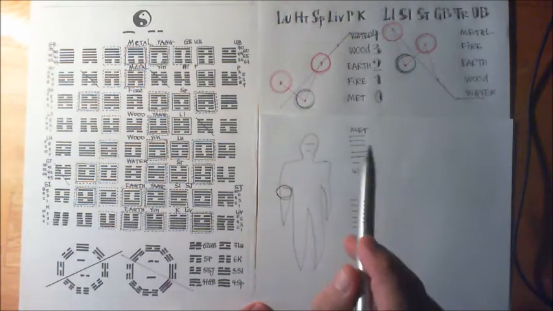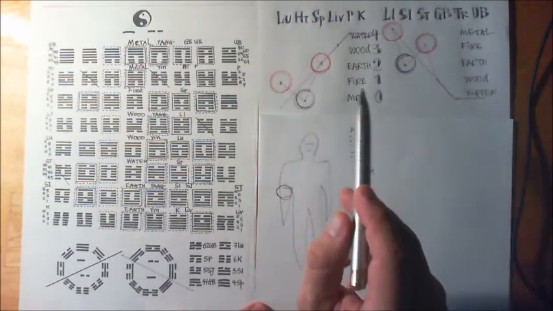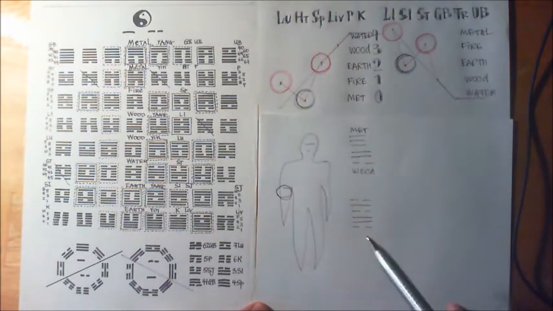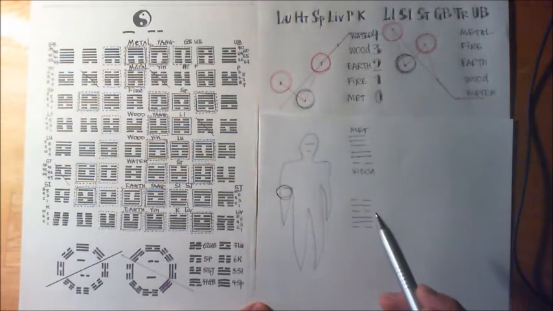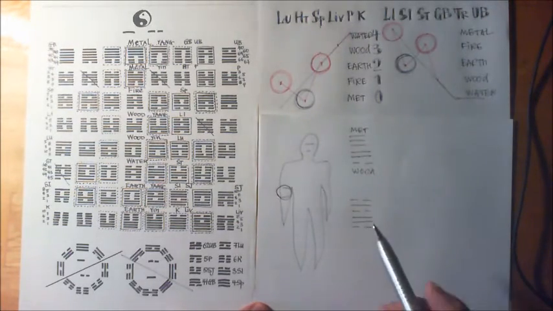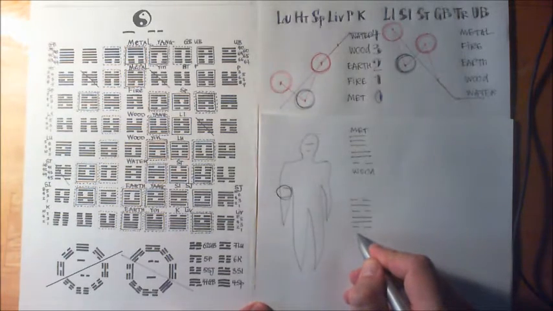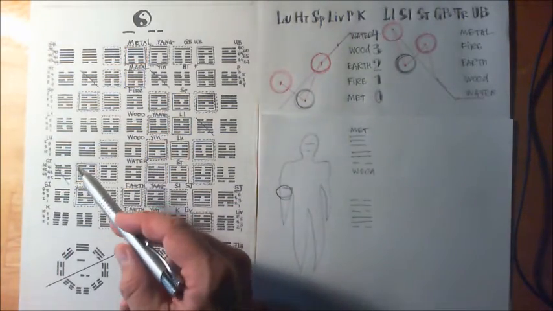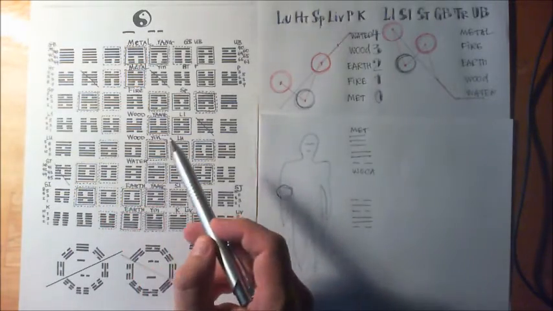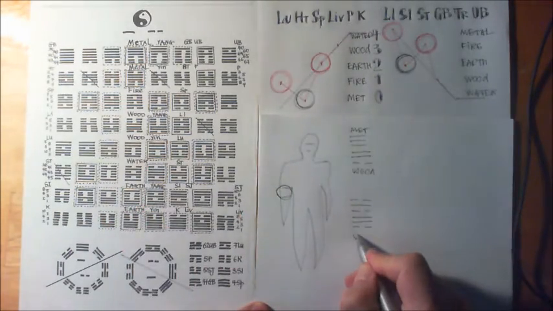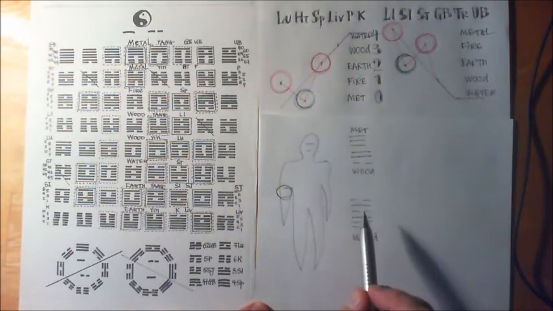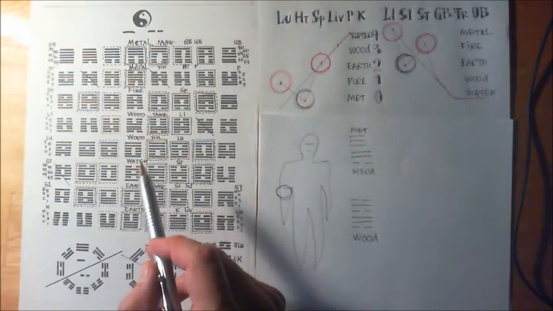But what we see here is the stomach meridian. So here we have the stomach, and in the bottom we have the wood hexagram, and in the top we have the water.